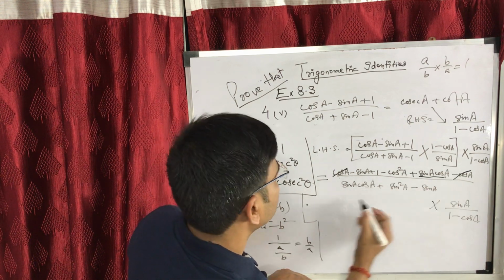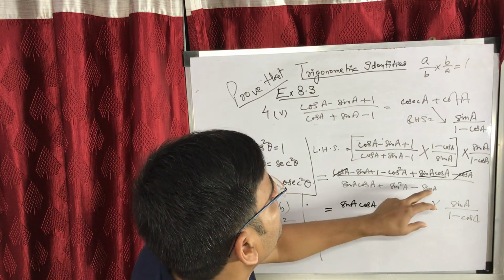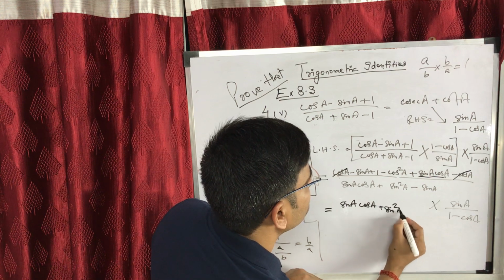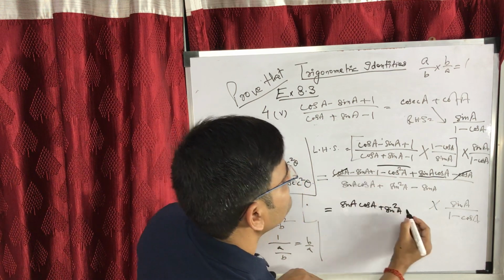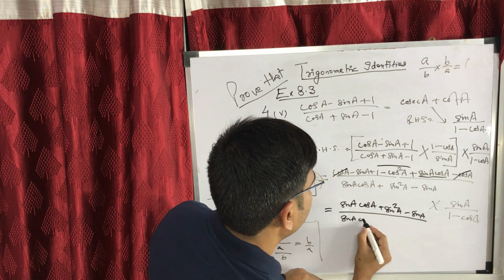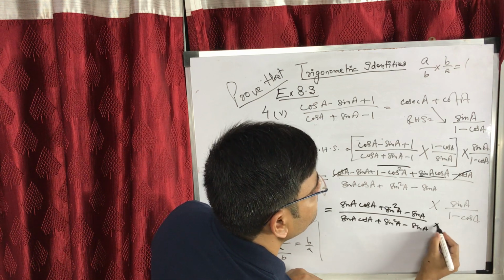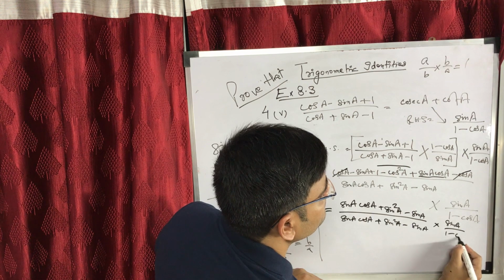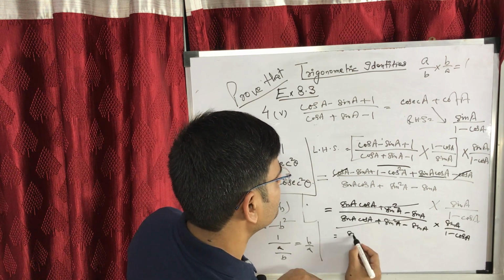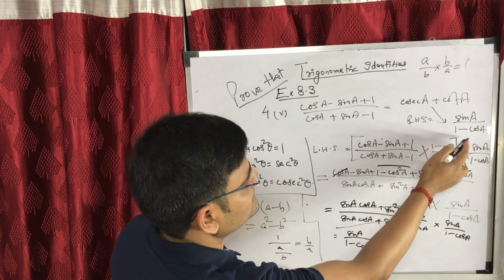You are left with sin A cos A, sin A cos A, and 1 minus cos square is sin square A, and minus sin A, by 1 minus cos A. So they cancel each other and you are left with sin A by 1 minus cos A, which we already derived is the RHS.